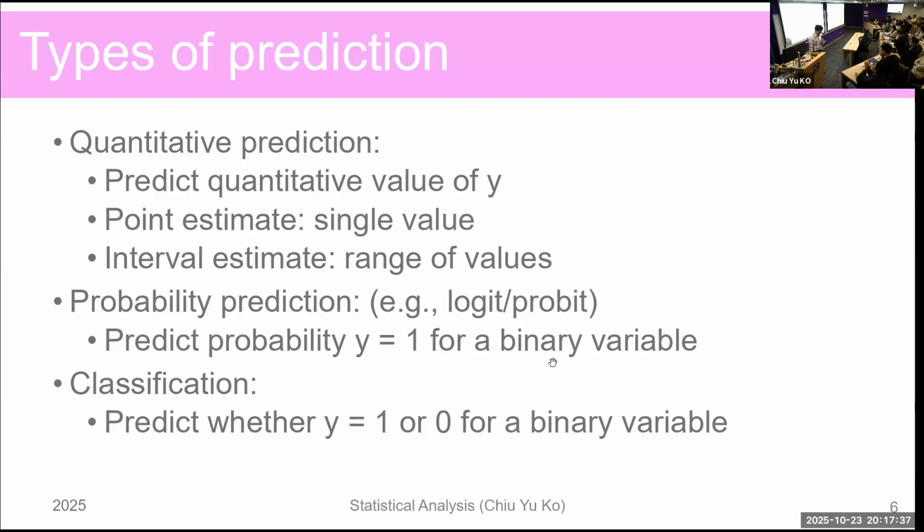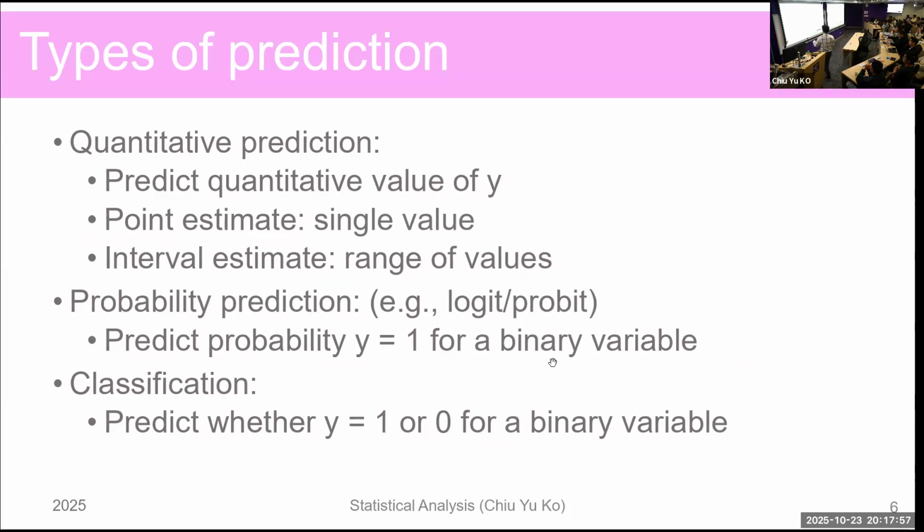And probably you learn this in the machine learning class as well. In our model, we mainly focus on quantitative prediction. We predict a Y which is continuous. And in the other class, you learn logistic regression, probability regression.